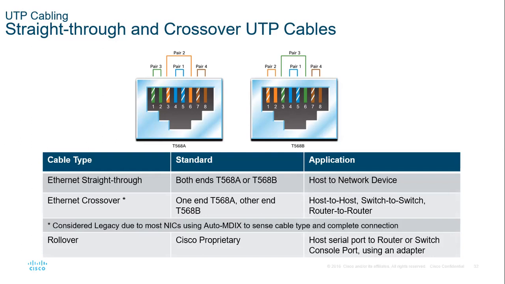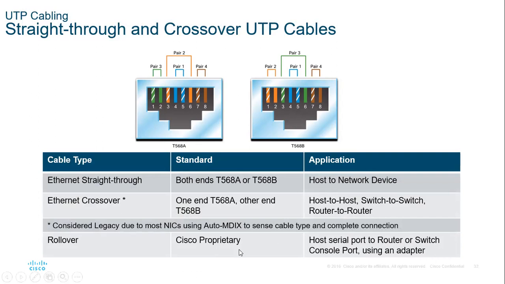As I said, the crossover connection is used between similar devices: switch to switch, host to host, PC to PC, or PC to router, or router to router. Whereas straight-through is used for host to network, meaning PC to switch, or switch to router, like that.